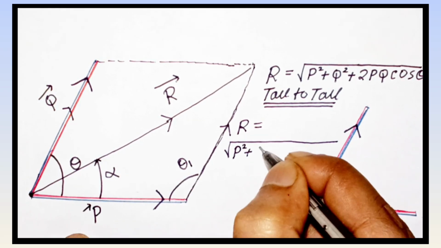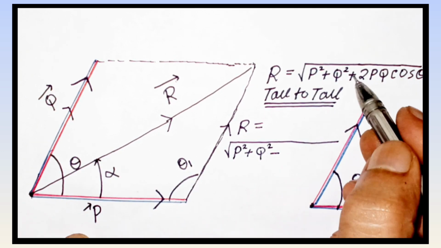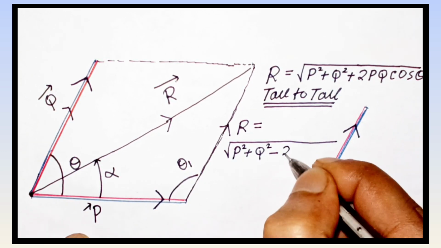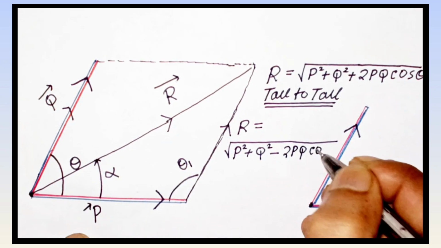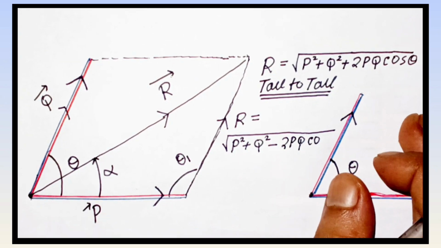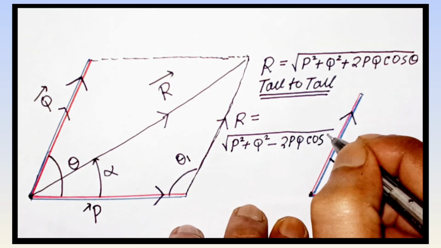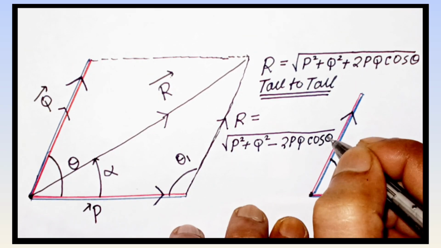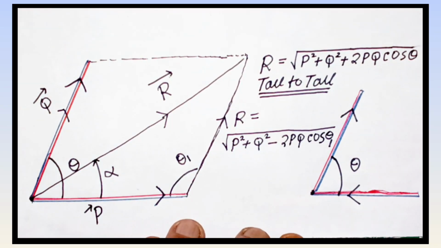If you use that head-to-tail angle for the parallelogram law, again forget the triangle law. Both are the parallelogram law. If tail to tail, then plus 2PQ cos theta. If head to tail, then minus 2PQ cos theta 1. Maybe beta, maybe gamma, anyway.